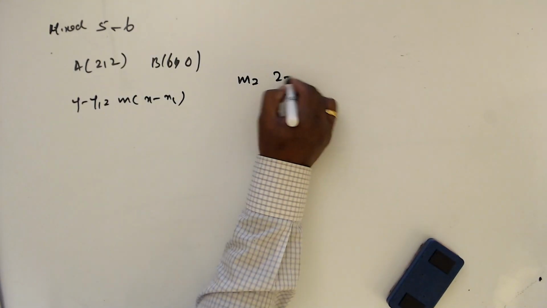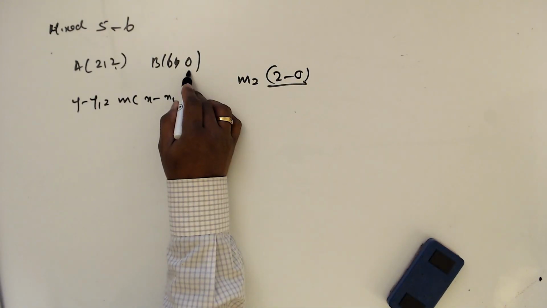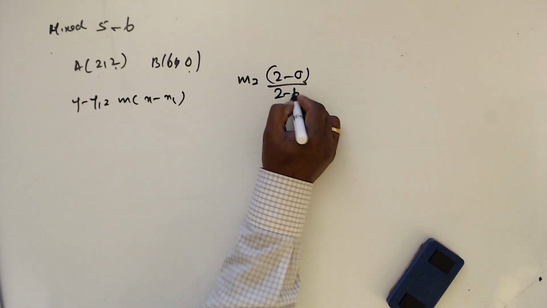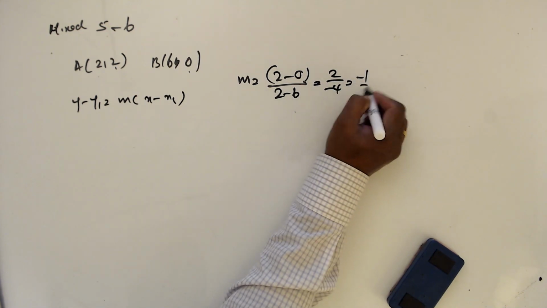M equal 2 minus 0, y1 minus y2, then divide by x1 minus x2. 2 over minus 4, minus half.